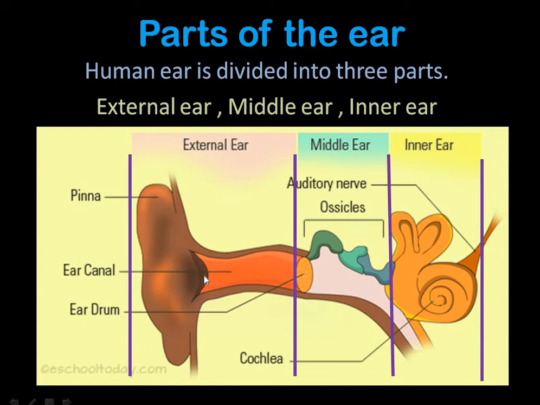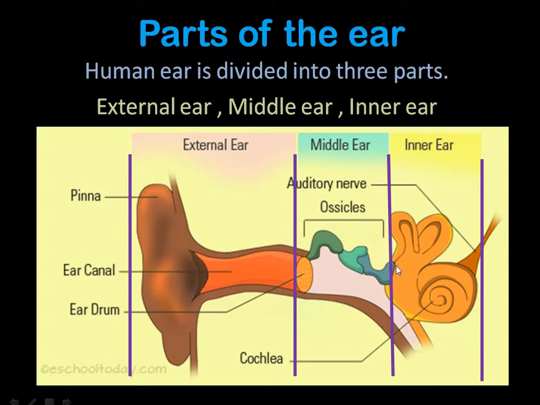The sound goes in the canal, and then this is the drum here, right? When the sound goes inside, this drum starts to move. There are vibrations in the drum. Okay? And then from this drum, these three bones, they start to move. It passes the vibrations to these three bones. Now this section is the middle ear.